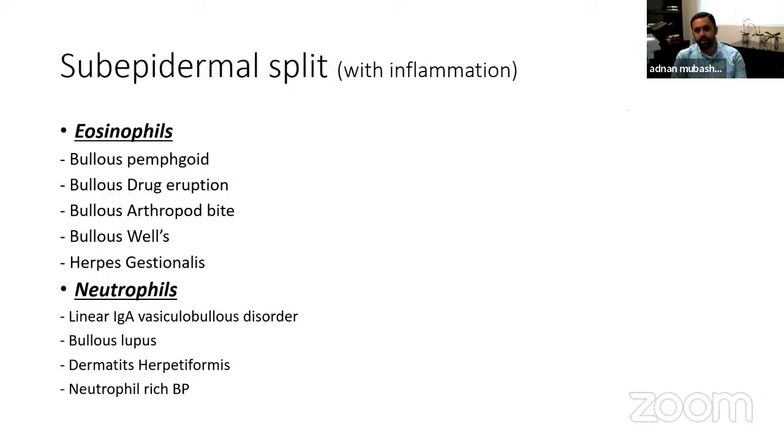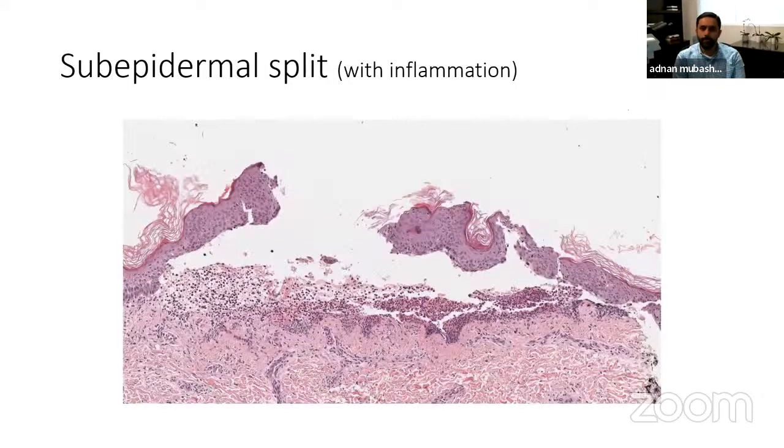All these will be in the differential, and then you will compare the patient's history and clinical presentation, and put 2 and 2 together and give out the data in your final report. Similarly, if you have a more predominantly neutrophilic split, then these are the different kinds of entities that can have that histology.